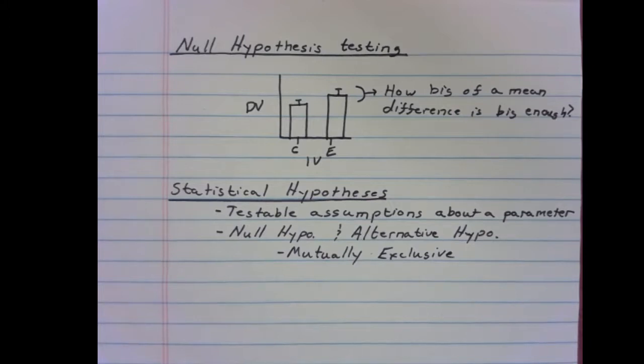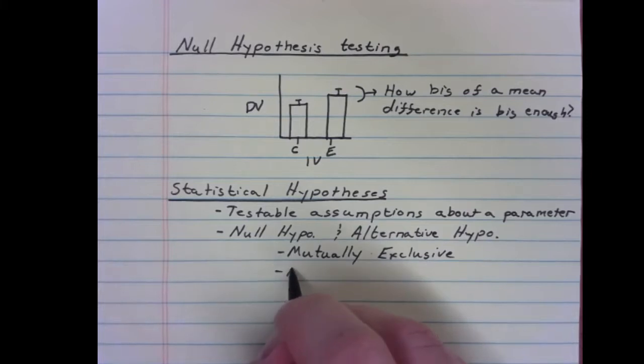And if one is false, the other has to be true. Another way to state that is if the null hypothesis is true, then the alternative hypothesis must be false. And if the alternative hypothesis is true, the null hypothesis has to be false.